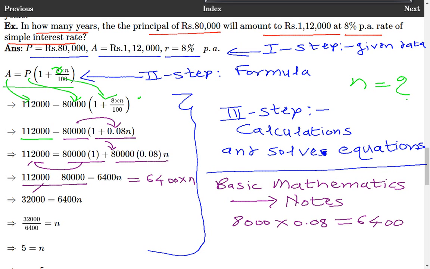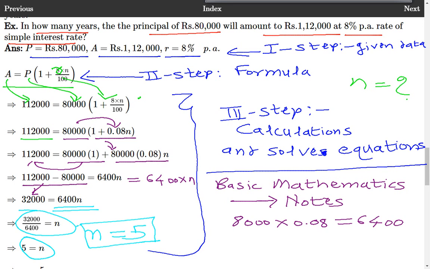So this difference comes as 32,000, and here we have 6,400 n. So 32,000 divided by 6,400 is equal to n, and that comes as 5. So the final answer is n is equal to 5.